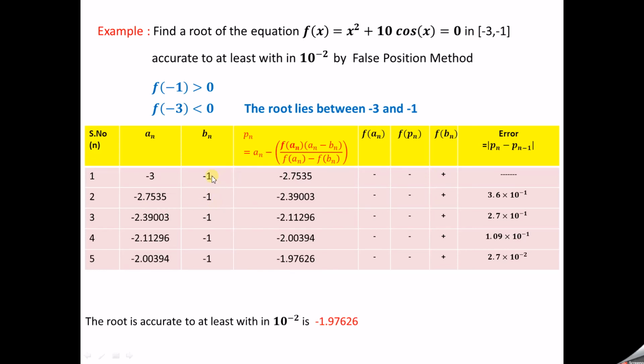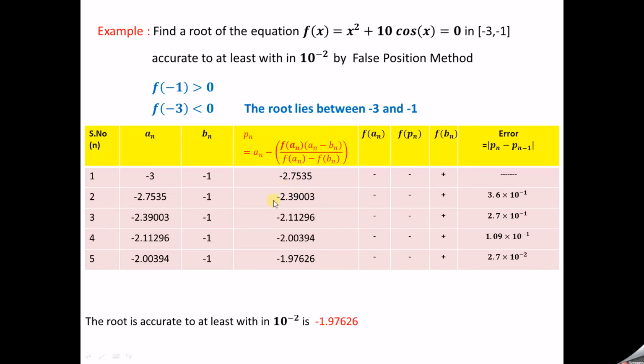So b2 will be b1, but a2 will be p1, the new p value. Again from a2 and b2 you get p2, by putting the a2, b2 values in this formula.